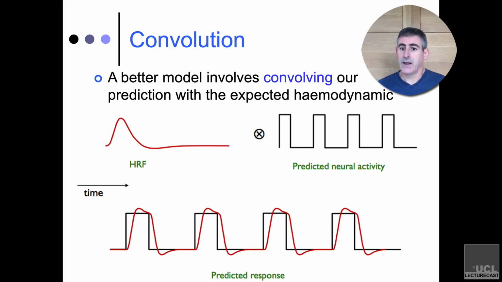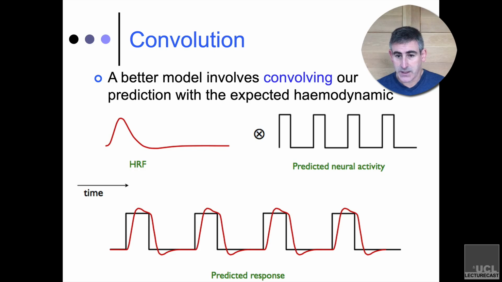And once again, I don't really want to talk about the details of how you do a convolution. It's not super complicated, and you can look it up in almost any standard textbook. But what we're going to do is essentially smooth our experimental paradigm, in this case that block paradigm, with this estimate of a hemodynamic response function. So what you can see here is we have an estimate of the hemodynamic response on the left. The convolution signal is that cross in a circle. And then the model of the actual experimental paradigm is shown on the right.